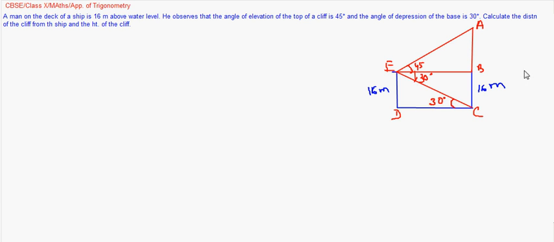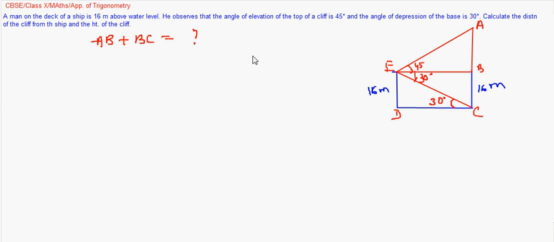Now calculate the distance of the cliff from the ship. So what do we have to calculate? First, we also have to calculate the height of the cliff, that is given by AB and BC. This whole is the cliff. So we have to find AB plus BC. That is one part of your question.